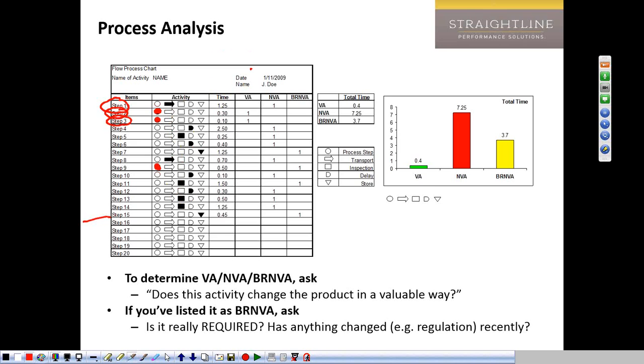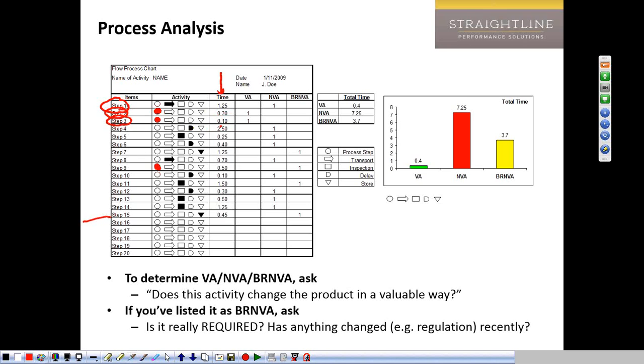However, this one can be jazzed up a bit if you do 2 things. One is if you put time in there, how long did this particular thing take? So for example, this took 1.25, let's say minutes, whereas this particular process step only took 30.3 minutes, and this one took 0.1 minute, and then there was a delay of 2.5 minutes.